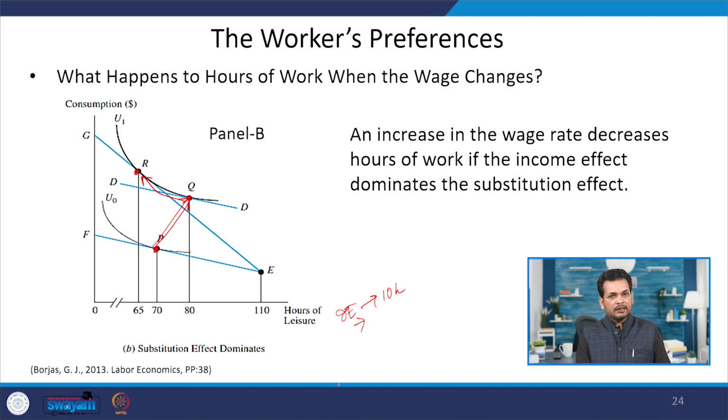However, in this case you can see there is a strong substitution effect moving from point Q to point R. The substitution effect leads to a decrease in the leisure hours by 15 hours. So, the net effect is a decrease in the leisure hours, or an increase in the work hours. The reason for this ambiguity in the relationship between hours of work and the wage rate should now be clear.